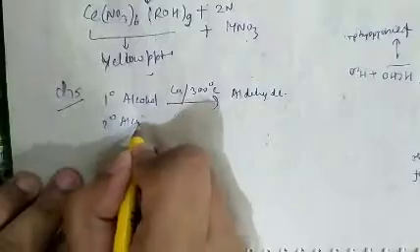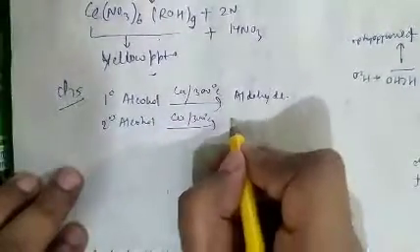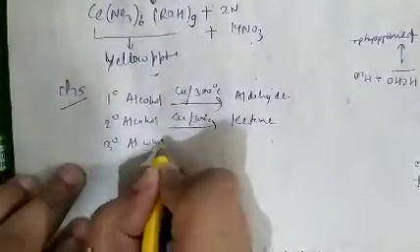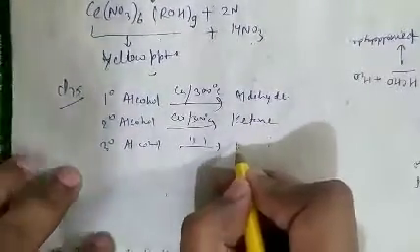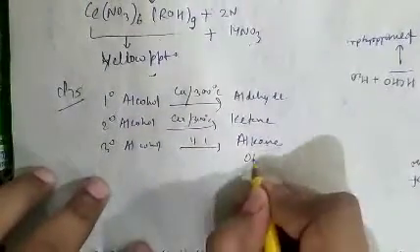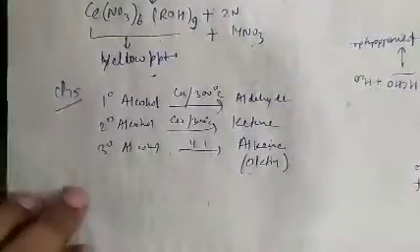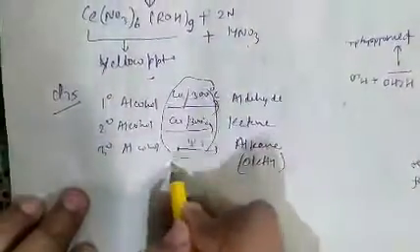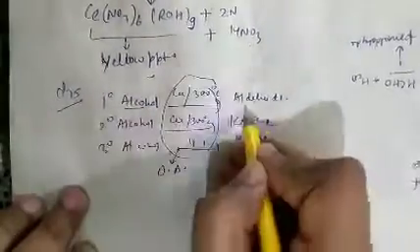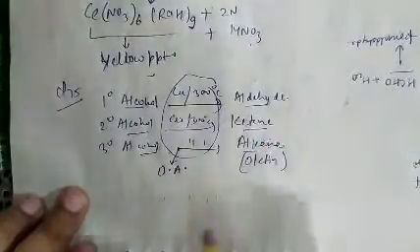When 2 degree alcohol with copper at 300, then ketone is formed. When 3 degree alcohol reacts with copper at 300, then alkene is formed, that is olefin, as the dehydration reaction takes place. So basically this is acting as an oxidizing agent. So it oxidizes alcohol into aldehyde, alcohol into ketone, alcohol into olefin.